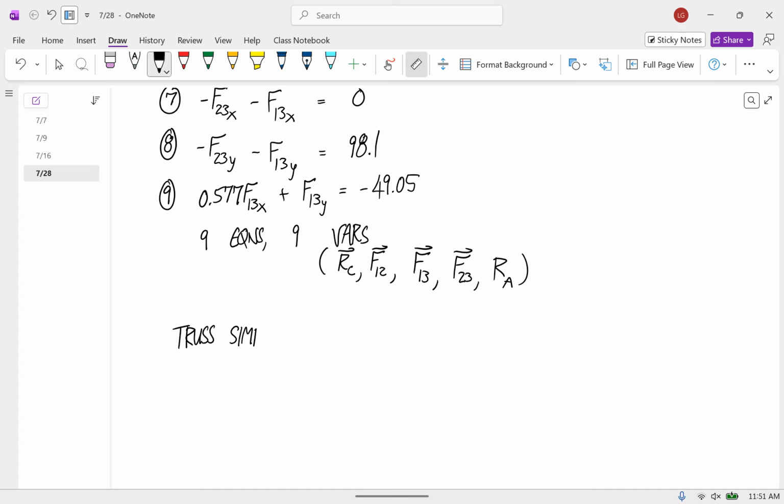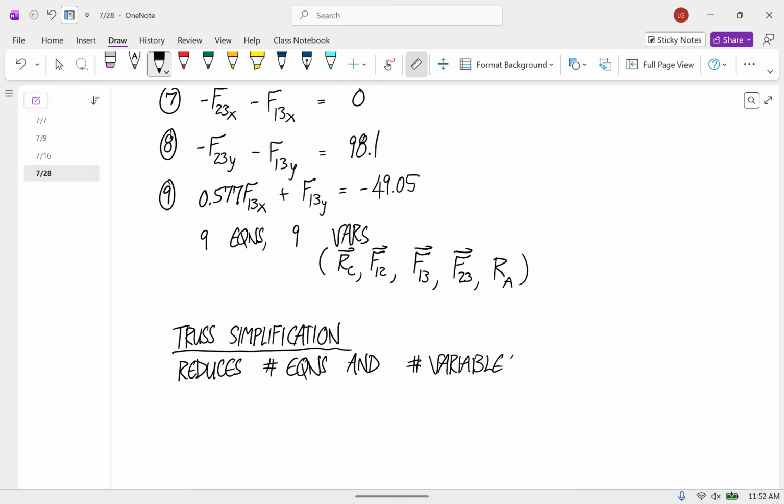So the truss simplification reduces the number of equations and the number of variables a lot.